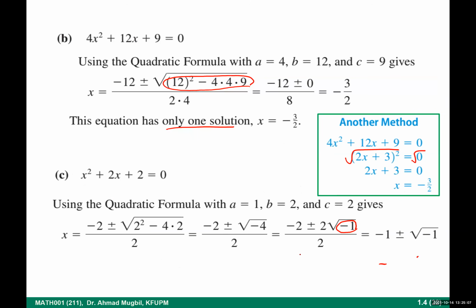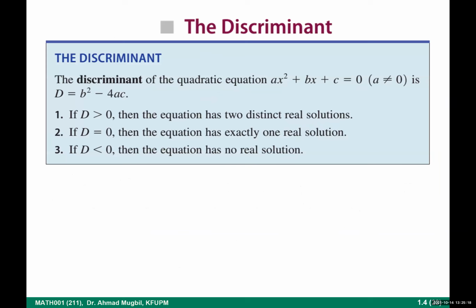This quantity inside the square root is so important. What is it? It is b squared minus 4ac. This quantity is called the discriminant. The discriminant helps us to determine how many solutions we have, and what is the type of these solutions. Are they real or not real?